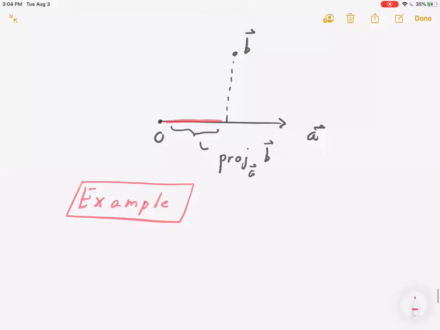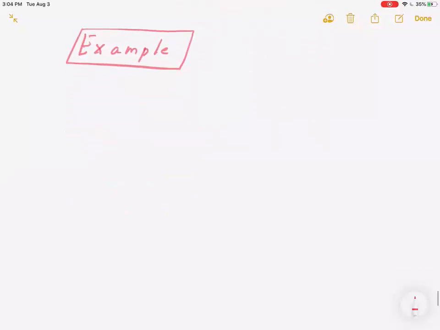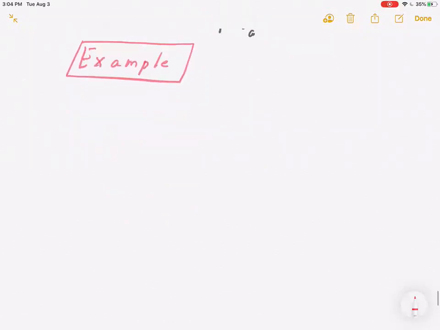So let's go through our example and pick up where we left off. We might as well highlight this in black.